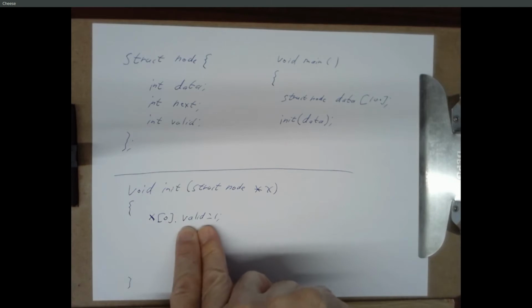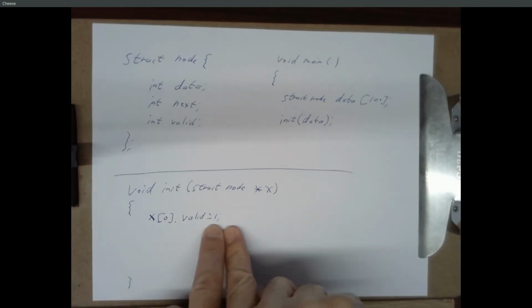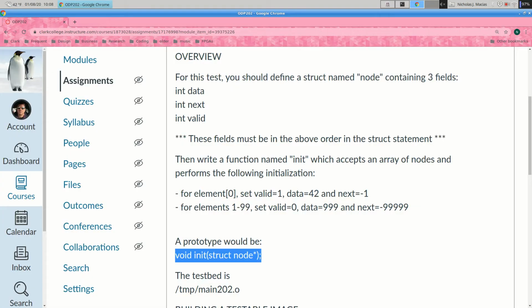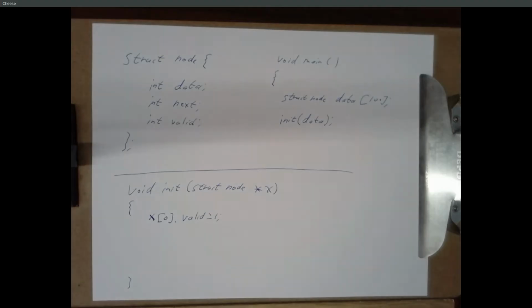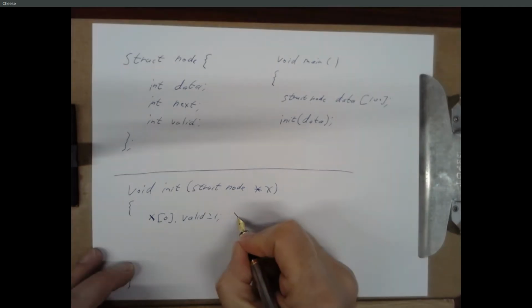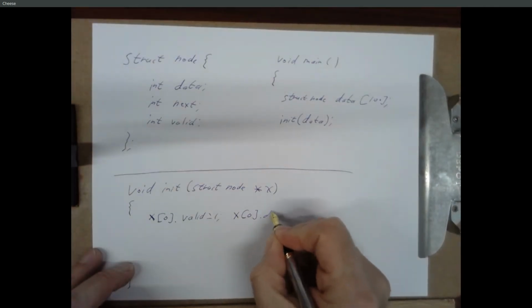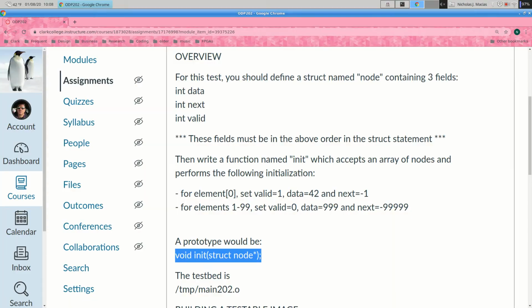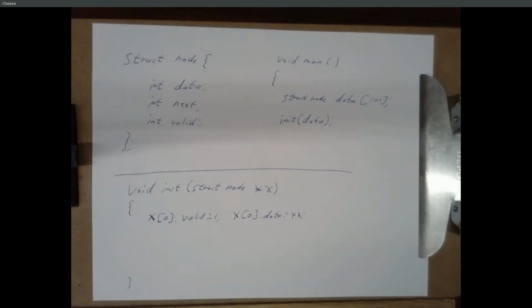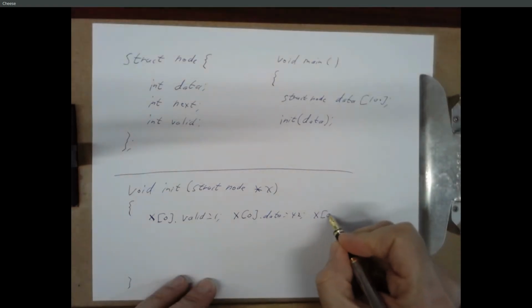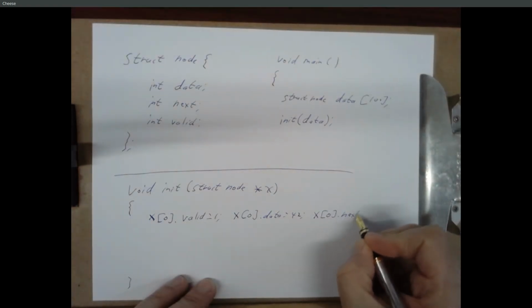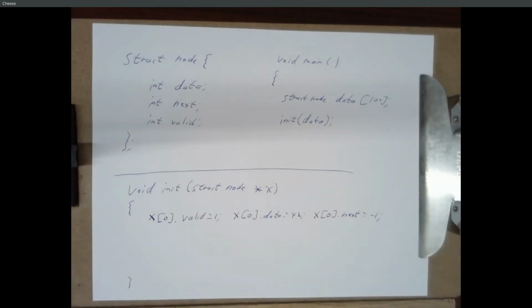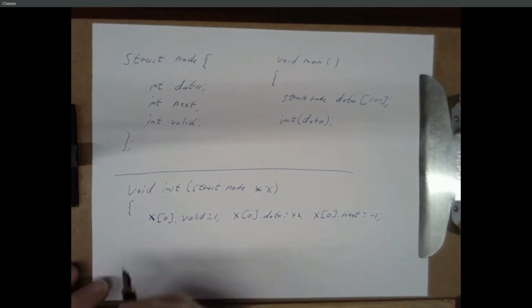Dot valid asks for the field named valid. And this sets it equal to 1. We also want to set the data field of that element to 42. So X bracket 0 dot data equals 42. And we want to set the next field equal to -1. X bracket 0 dot next equals -1. Okay, and then we need a loop.